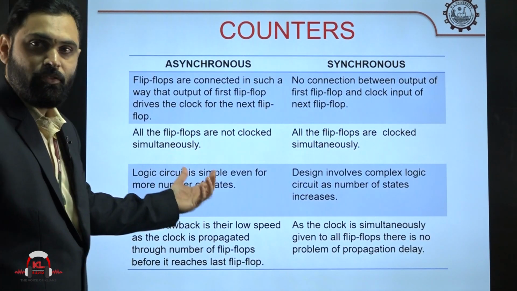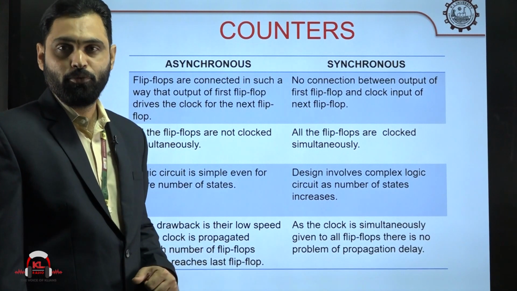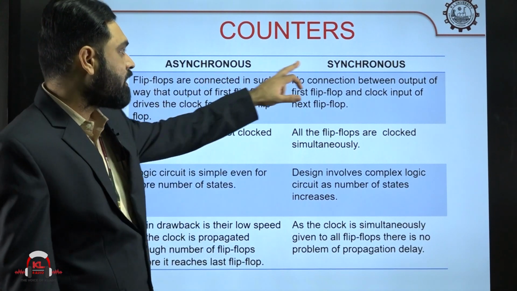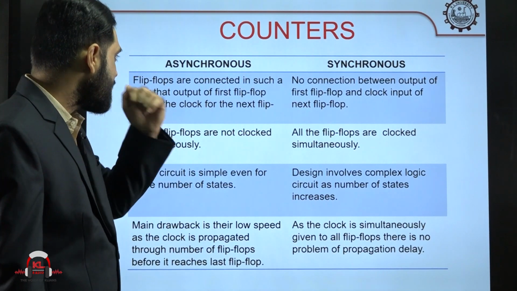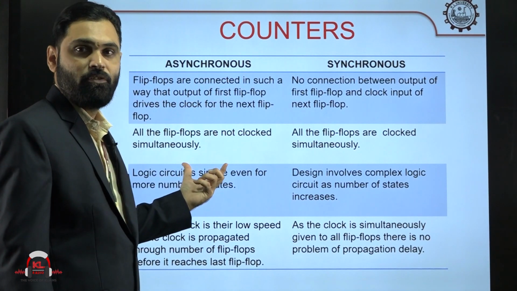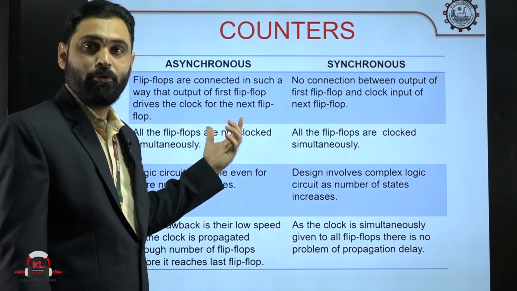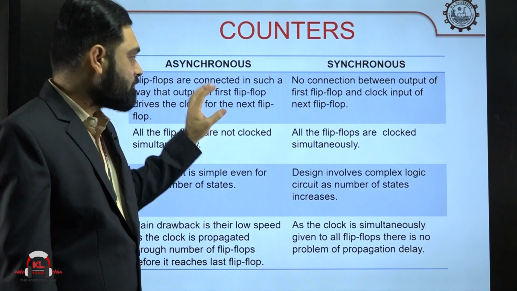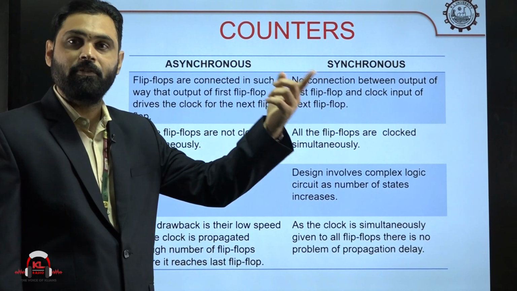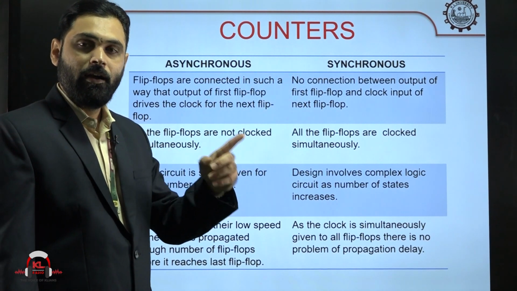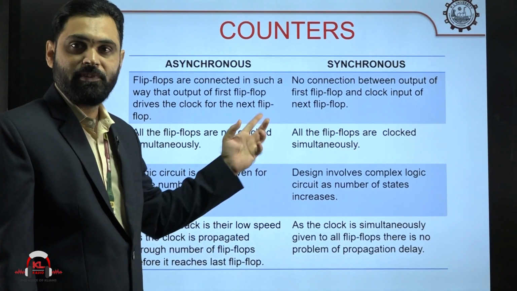Yeah, so counters are of two types. One is the asynchronous counter and the second one is the synchronous counter. The difference between these two is, whenever you are designing an asynchronous counter, all flip flops will not be connected to a common clock. The first flip flop will get the clock pulse, and the second flip flop will get the clock pulse from the first flip flop output, and the third flip flop will get the clock pulse from the second flip flop.